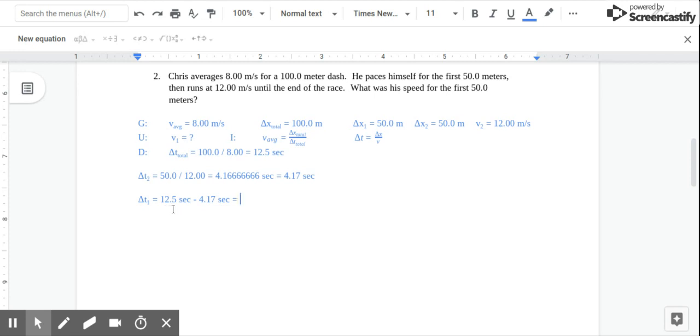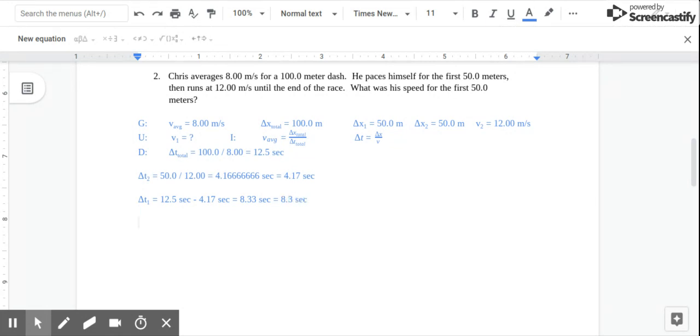So when I do 12.5 minus 4.17, this has 1 decimal place and this has 2, so I'm going to round my answer to just 1 decimal place. It gives me 8.33, which I round to 8.3 seconds. So that's change in T1.